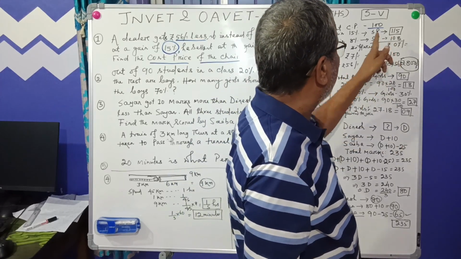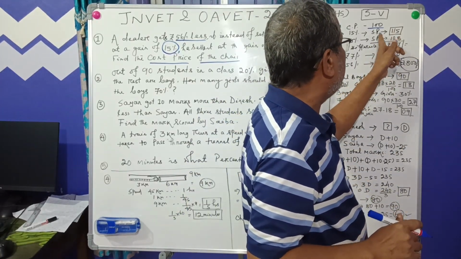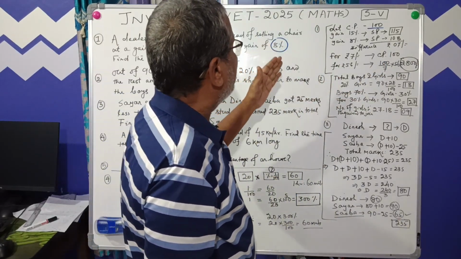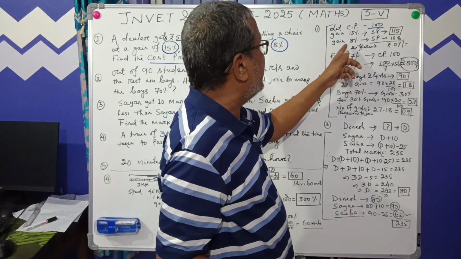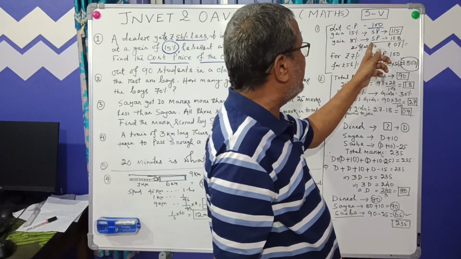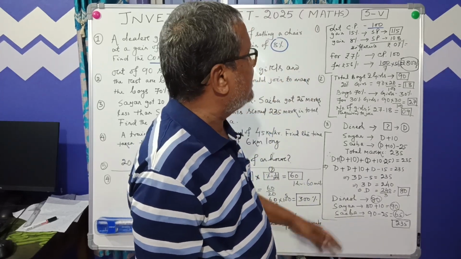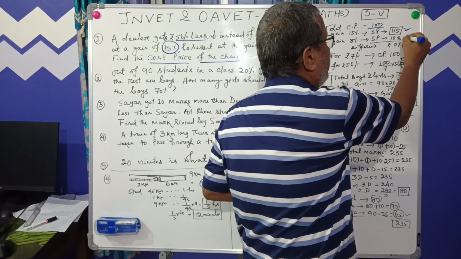So 100 plus 15 rupees gain, that is SP, selling price 115. But at what percentage of gain did he actually sell? The gain of 8%. So the selling price is 108. Now find the difference.